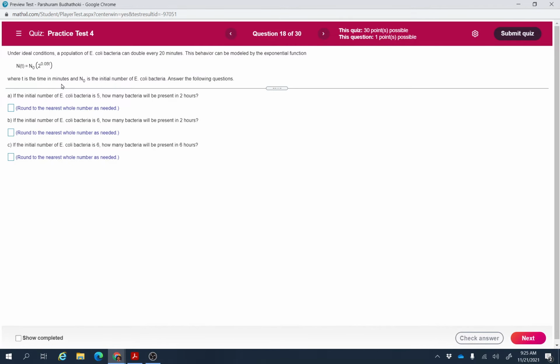This is exactly the same problem we did before, but instead of weight, in this case it's a number of bacteria.